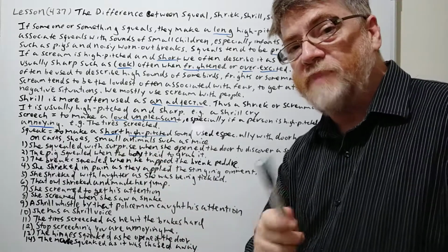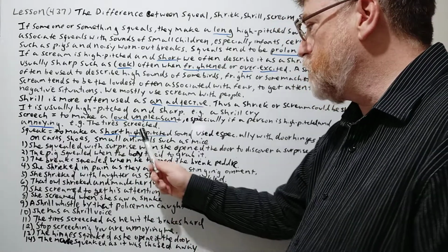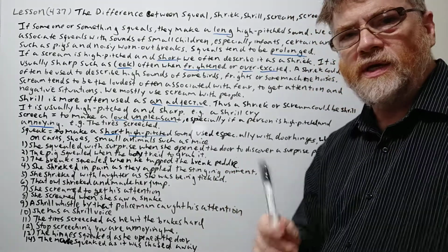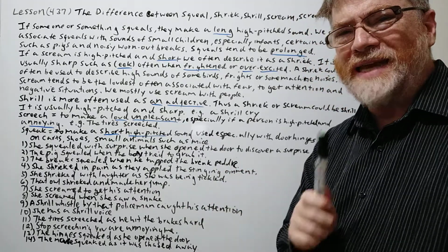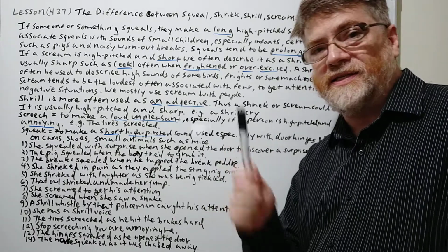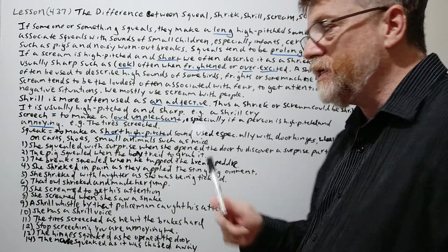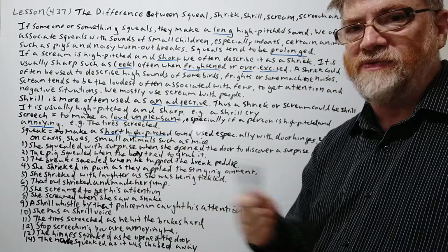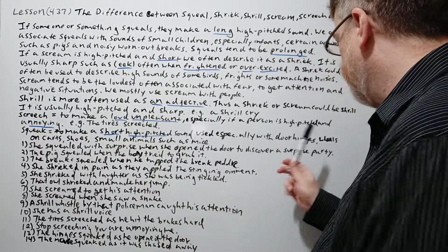All right, now squeak. Squeak is back to short again. A short, high-pitched sound used especially with door hinges. So it doesn't have to be fear. Things could just squeak a lot. Like a door hinge could squeak as you open and close it. That has nothing to do with fear or excitement or anything like that.